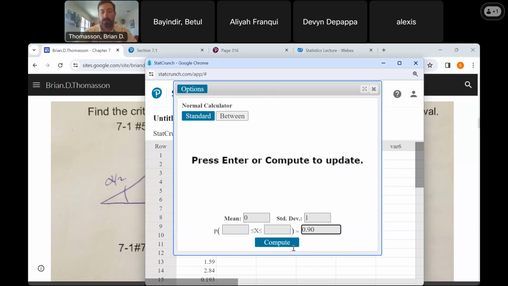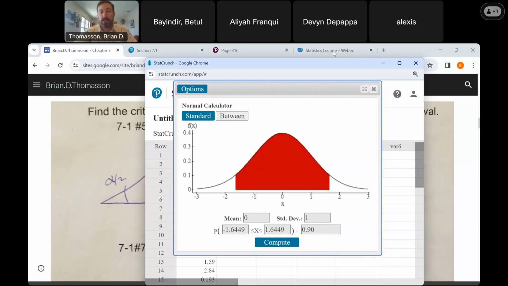And what that does is define that inner area to be 90%. Okay, so this 90% is this red area. And we're looking at how far we have to go in either direction. That's the 1.645. Okay, in either direction. So that's just saying we have to go 1.645 standard deviations in either direction.